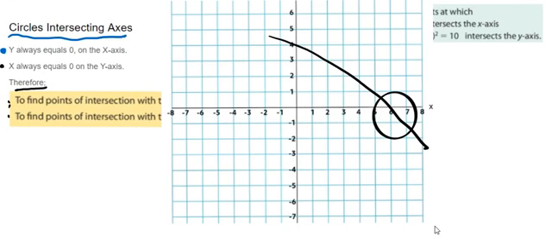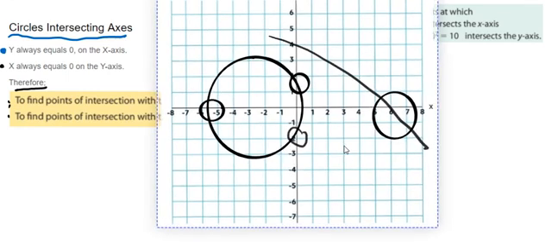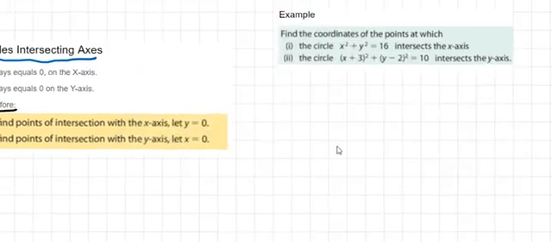This is really where we're going with this, we're going to be looking at circles in a minute. If I want to find out at what point the circle will intersect the x-axis, I let y equal 0. If I want to figure out where it intersects the y-axis, there and there, I would let x equal 0. So whichever axis is being intersected, you let the other one equal 0, and then it tells you where exactly it will intersect it.